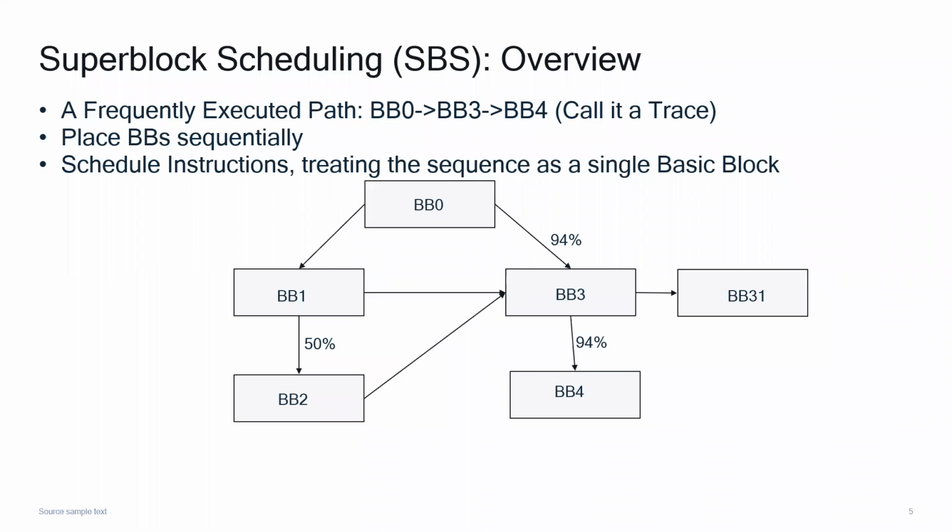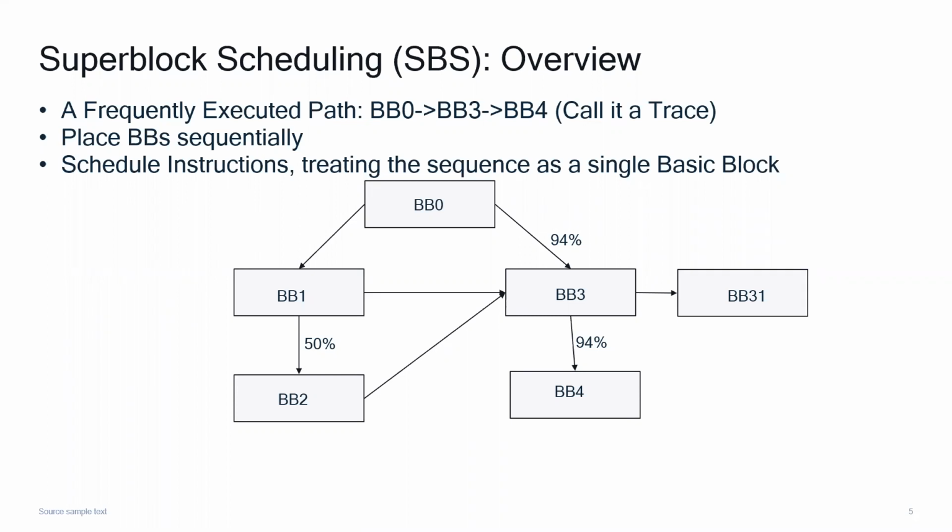From BB0, we are more likely to go to BB3 than BB1. This sequence of basic blocks, the more frequently executed path, is called a trace.